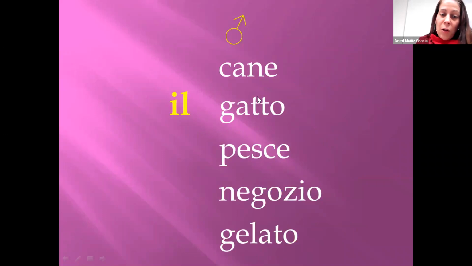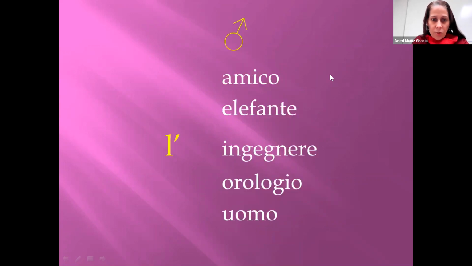Poi, everything that is not one of those consonants or consonant groups is going to be preceded by the article il. And by everything that is not, I mean every masculine singular noun. Masculine singular nouns usually end in o, and some of them may end in e in the singular form. And then if the masculine singular noun begins with a vowel, you put l apostrophe.